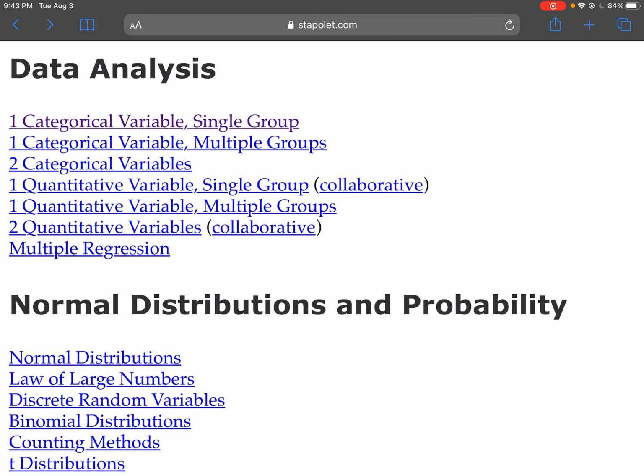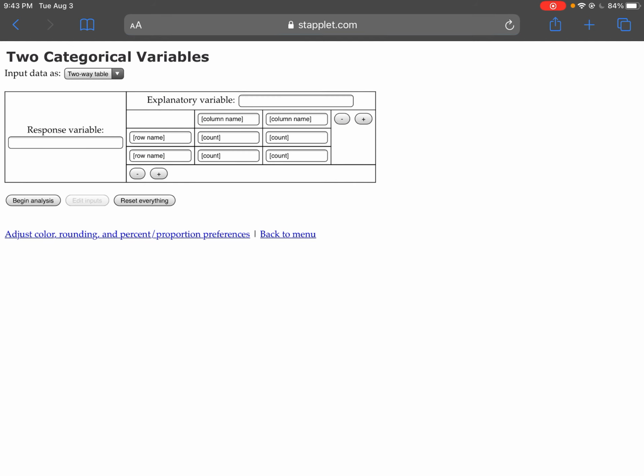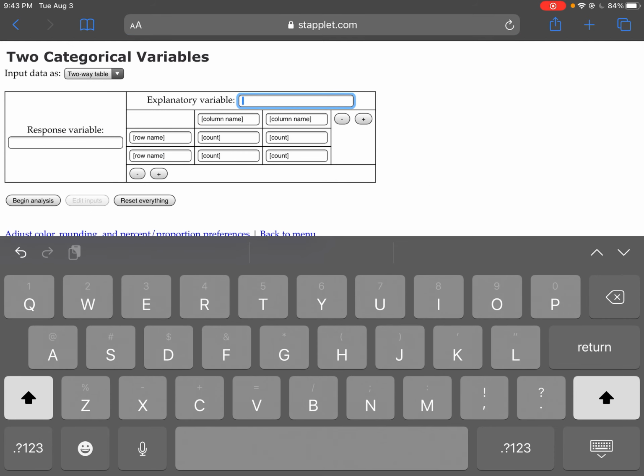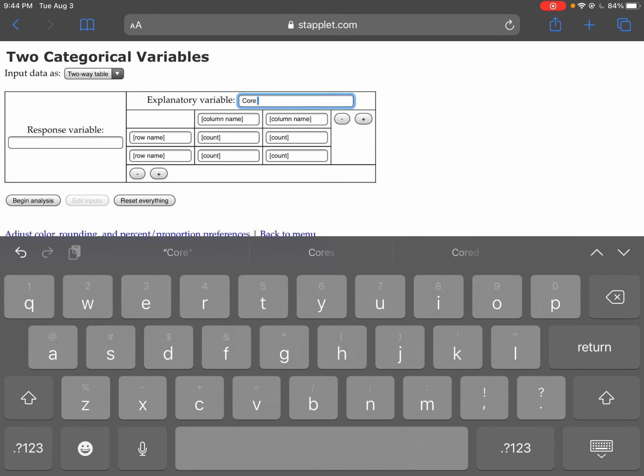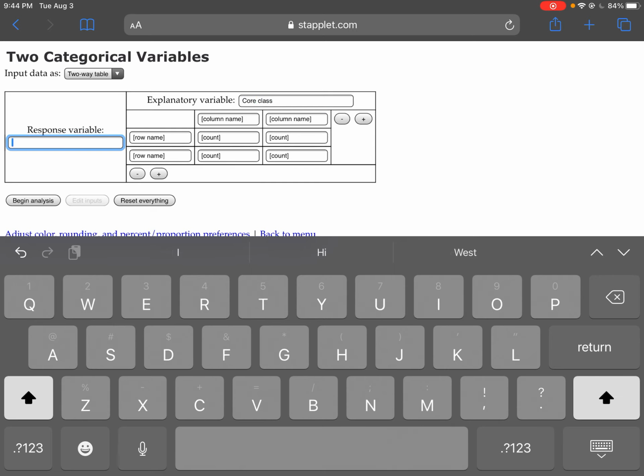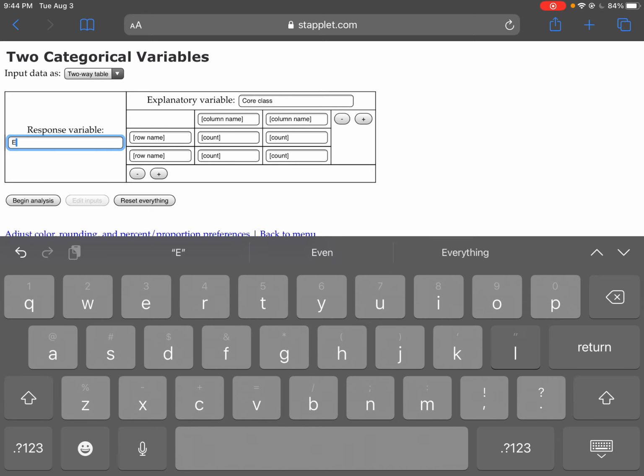Okay. All right. So going back to the main menu on statlet.com, we're going to click on the two categorical variables, okay, because that's what we had. Okay, our explanatory variable was core class. Our response variable was elective.